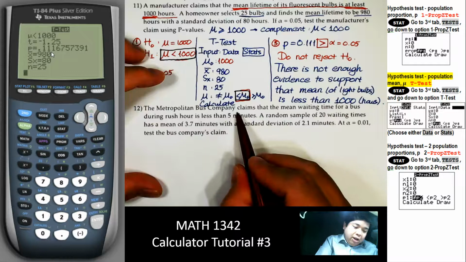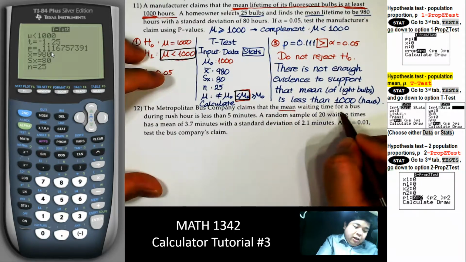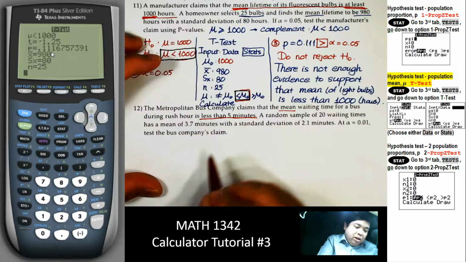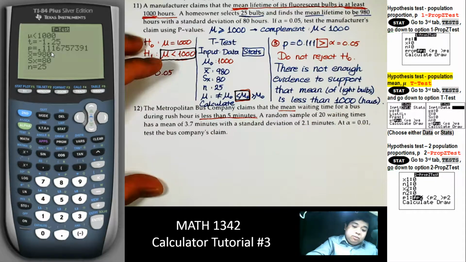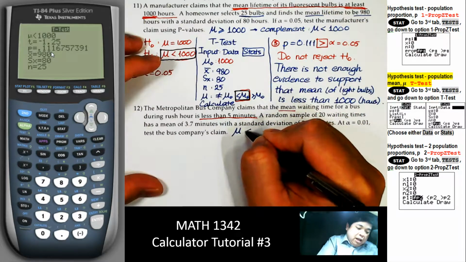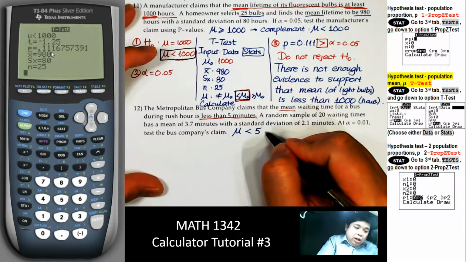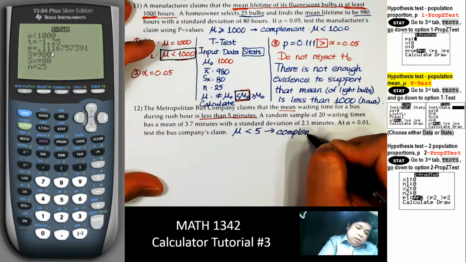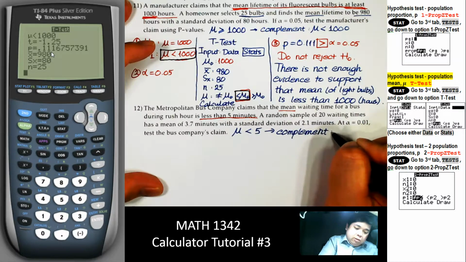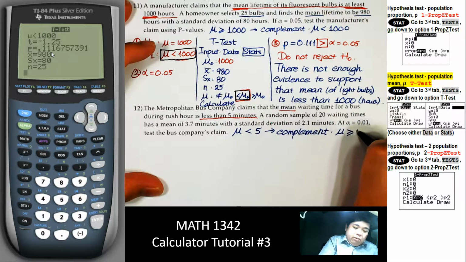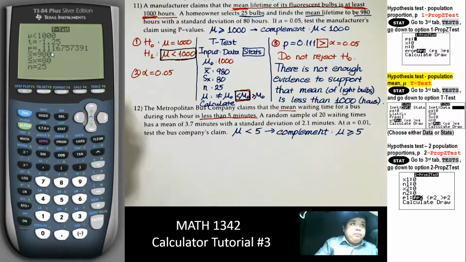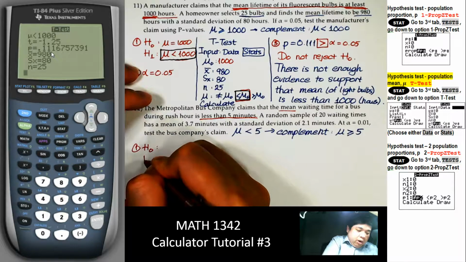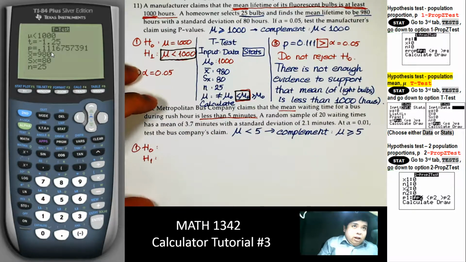The claim is that the mean for the first hour is less than 5 minutes. So we write the mean is less than 5 minutes. So the complement is greater than 5. So the first step is to write out the null and alternative hypothesis.